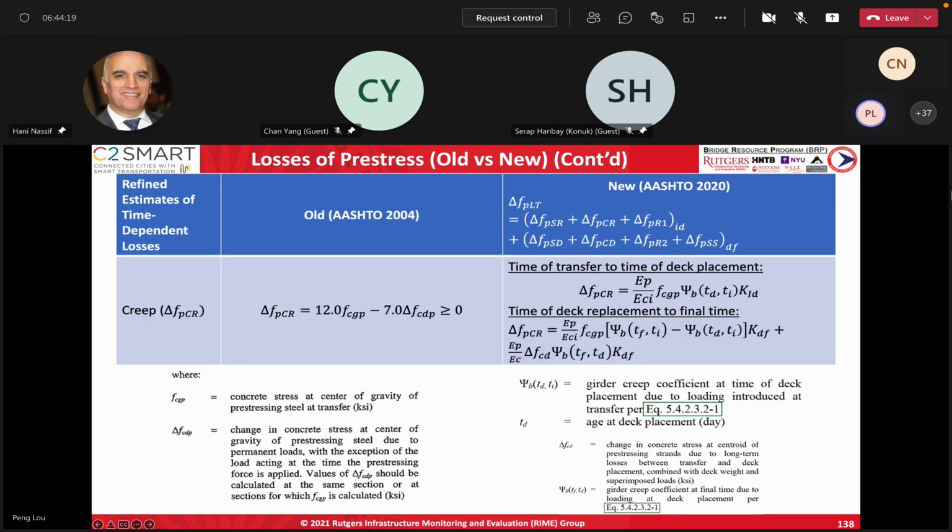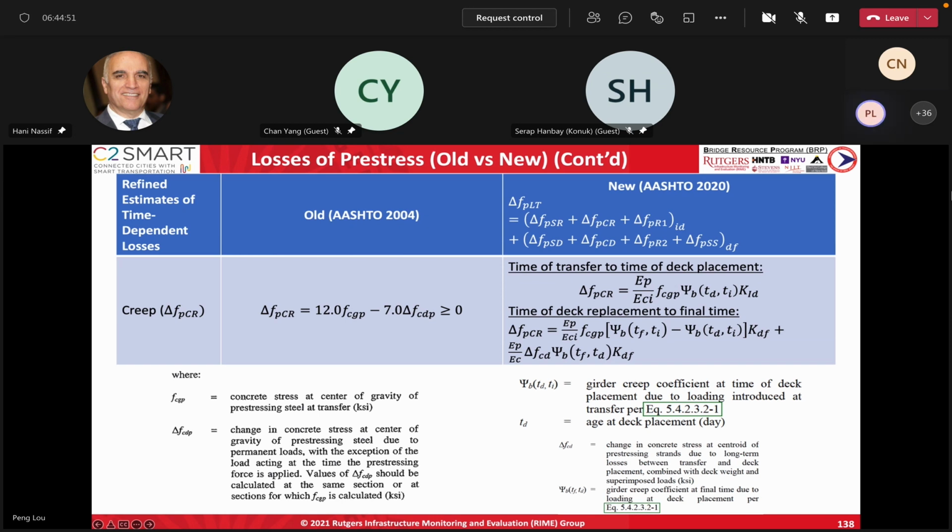Same thing for the creep model, the creep losses. The old model only provides one equation, which depends on the concrete stress at the center of gravity of the pre-stressing steel at transfer, and on the change of concrete stress at the center of gravity of the pre-stressing steel due to other permanent loads, such as girder, your deck, your asphalt, those kinds of things.